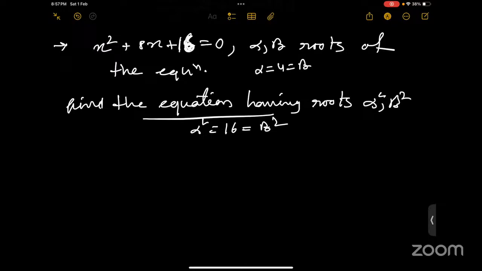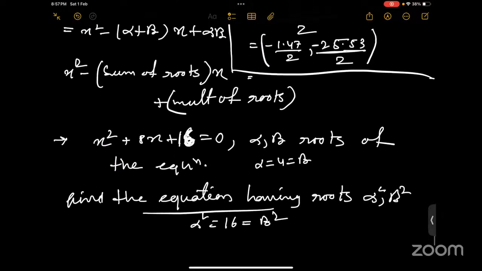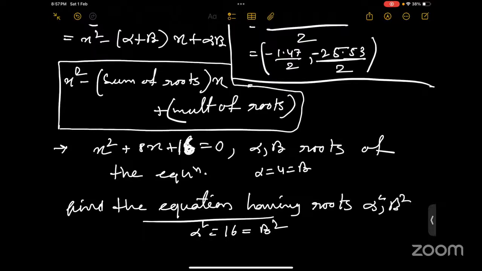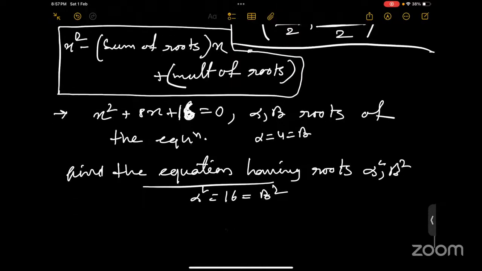Now we have to find the equation. So what will be the equation? In this form, you can find the equation: x square minus sum of roots plus multiplication of roots.